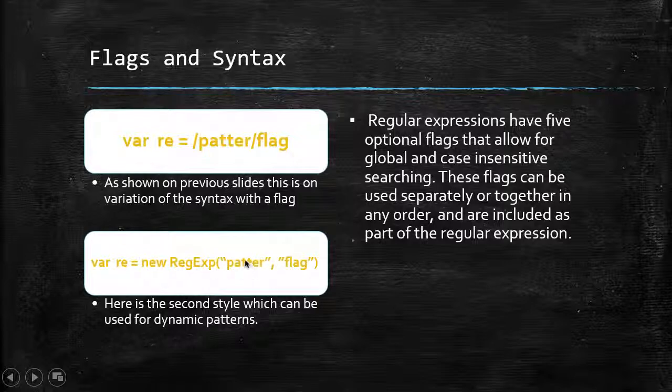Just like before, where I explained that with this syntax we can pass variables in, we can also do this for flags. So it's a dynamic sort of syntax in a way, but the flag has to be put in quotations. And if you want to use one or more flags, you can put them all together inside the quotations. You don't have to space them out with another comma.